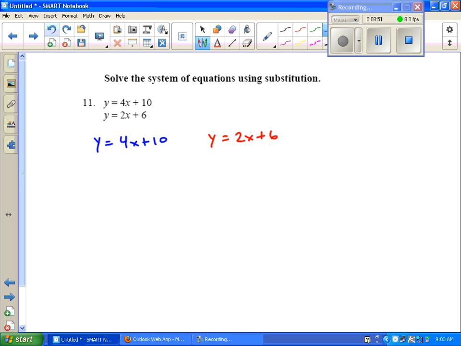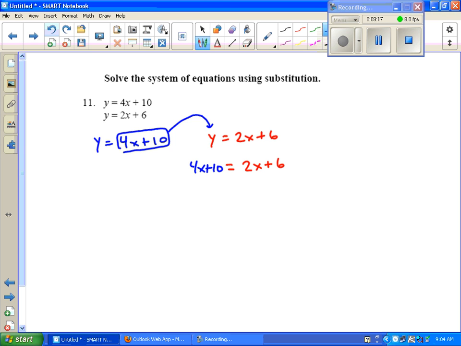This is your value for y in the first equation, 4x plus 10. So if that's what y is equal to, that means in the second equation, we can plug it in place of y. If the second equation says y equals 2x plus 6, in place of y, we can plug in that value, 4x plus 10, because that's what y equals.